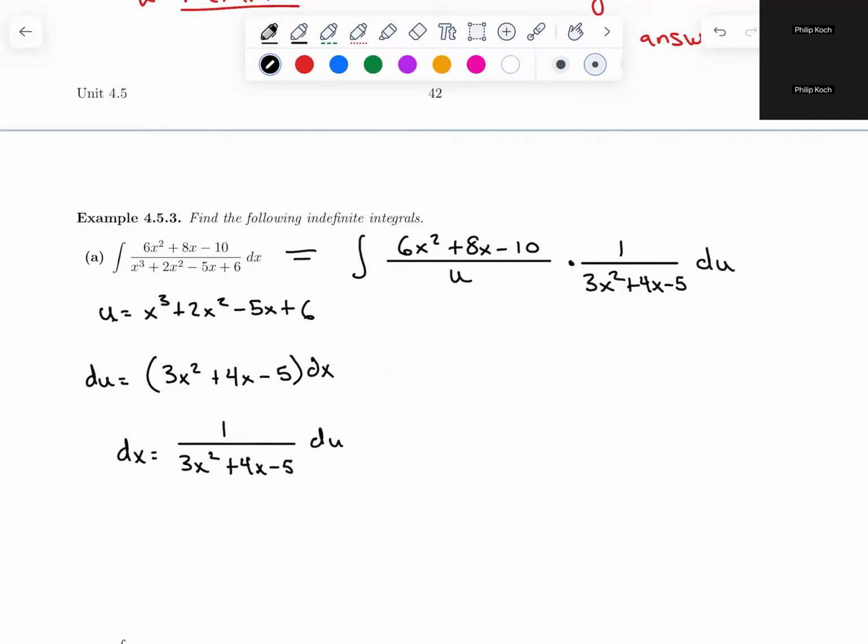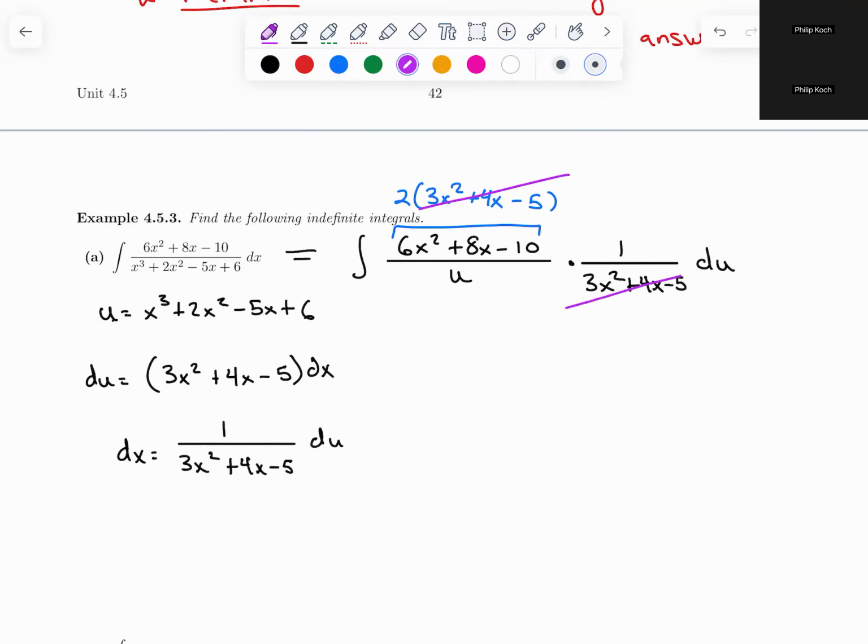And you might be panicking, saying, well, Phil, that doesn't cancel. It does. You can factor out a 2 from the numerator. This is equal to 2 times the quantity 3x squared plus 4x minus 5. And lo and behold, those would be able to cancel.